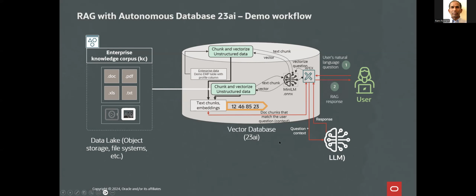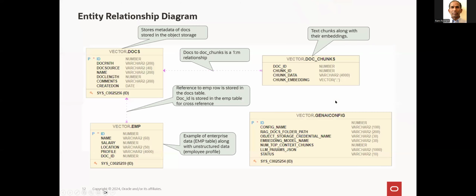So that's what we are going to be doing in the demo, and we are going to do it from start to finish. Start from creating the autonomous database and all the way to loading this application and running these queries. All right, so let's do that.